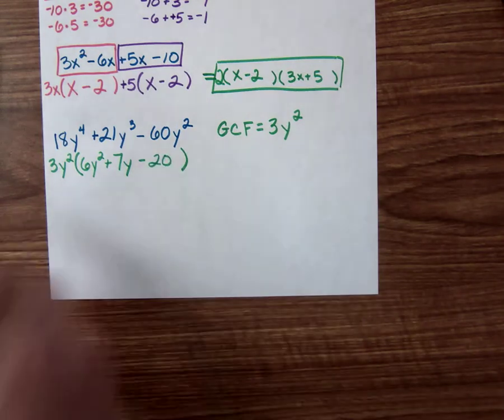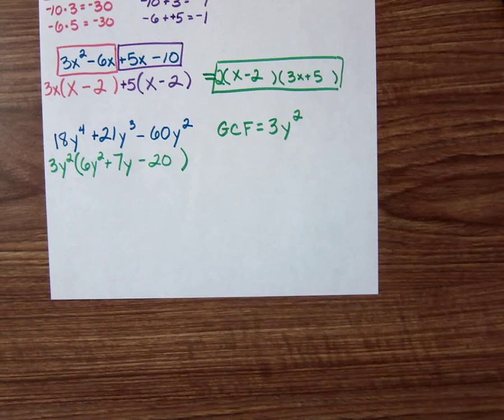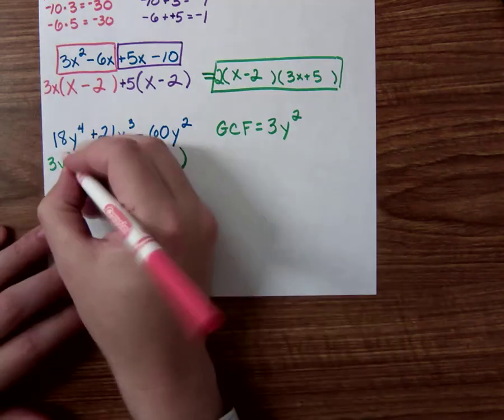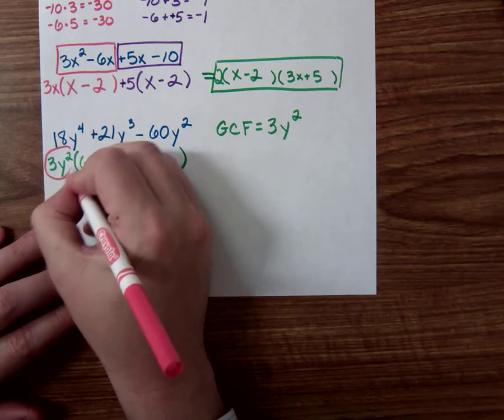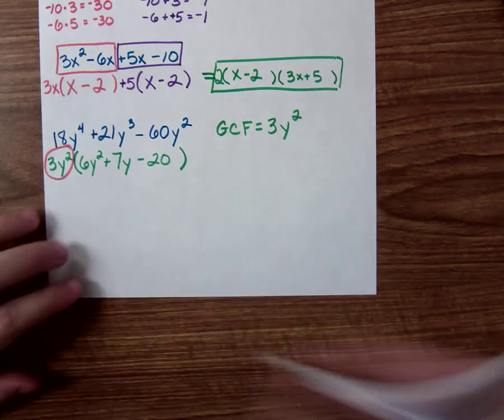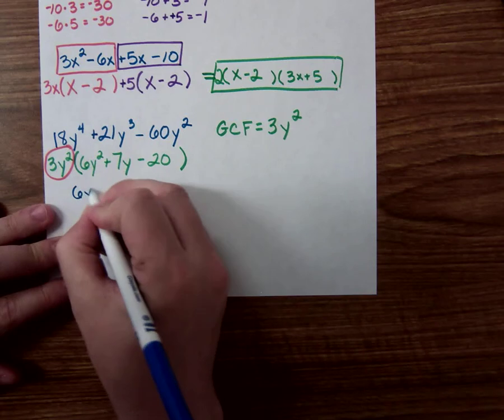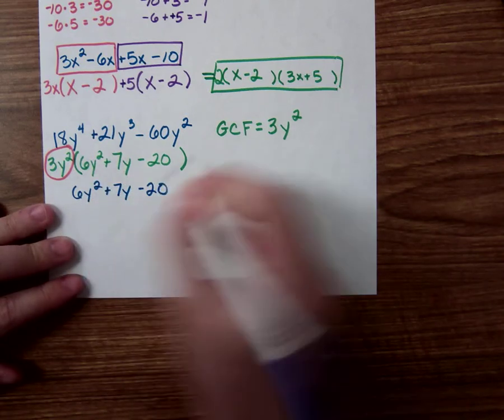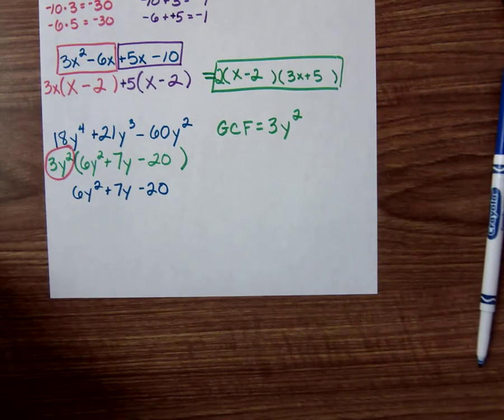Outstanding. Very good job. So don't forget, we have a GCF in this problem. Don't forget about him. But now let's check and see if what's left, 6y squared plus 7y minus 20, can be factored.